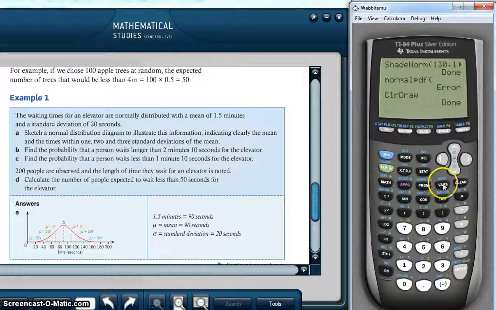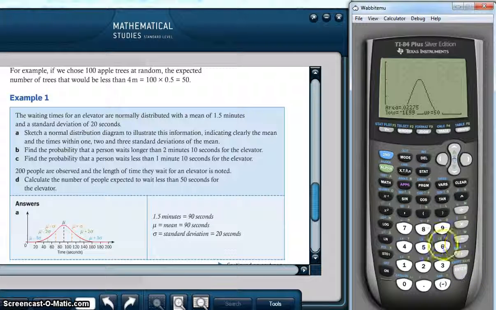Okay. Distribution, let's try it again. Draw, upper, 50, 90, standard deviation of 20, and let's see if we can get it to work. See, and now that works.